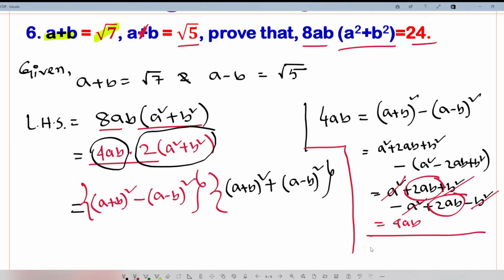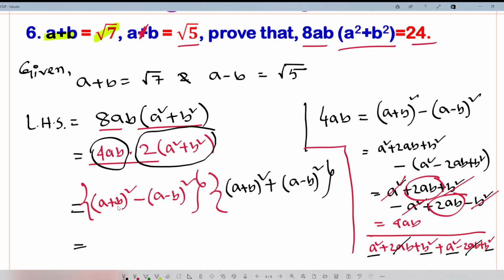For a plus b whole square, we write a square plus 2ab plus b square, and then plus a minus b whole square, we write a square minus 2ab plus b square. And finally, plus 2ab and minus 2ab cancel out. So here is one a square, another a square, b square, another b square. So here is 2a square and 2b square. It means 2 times a square plus b square.